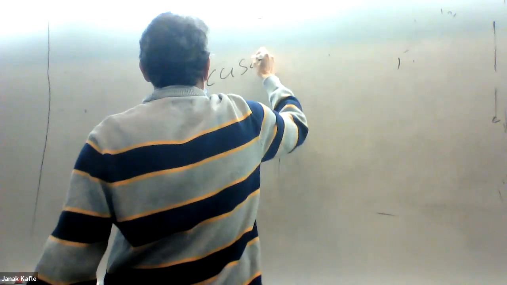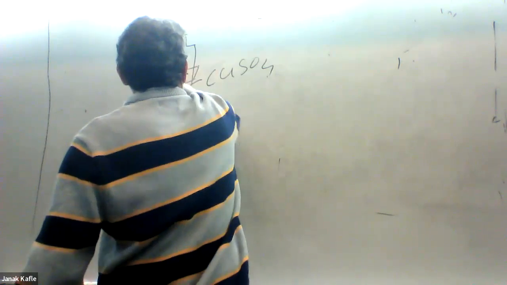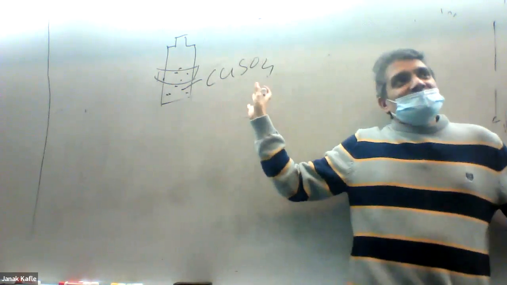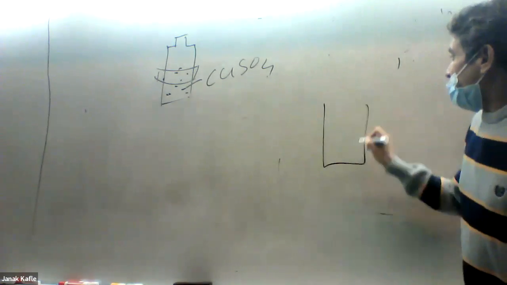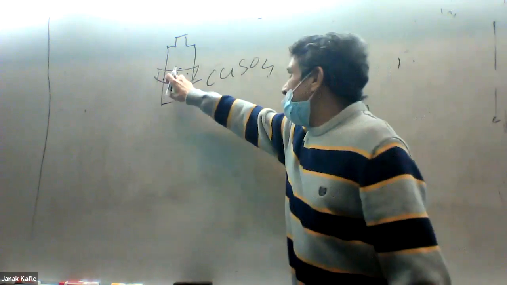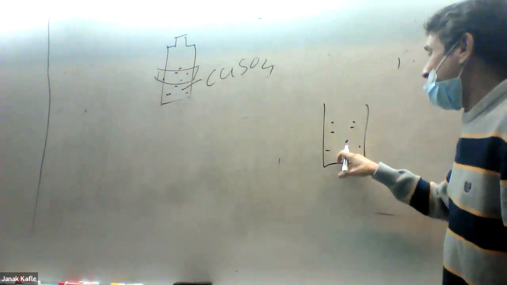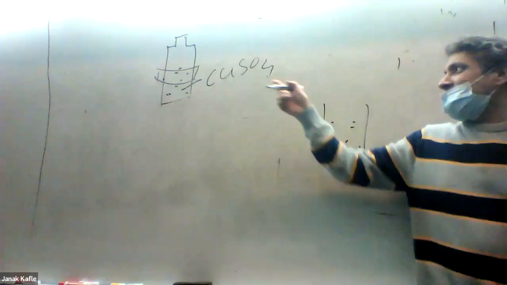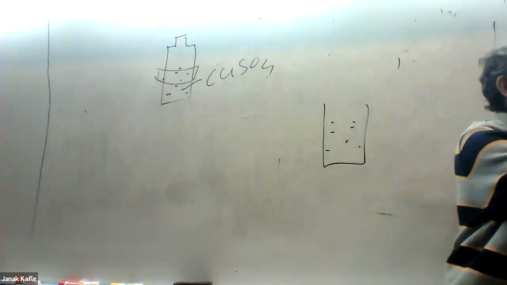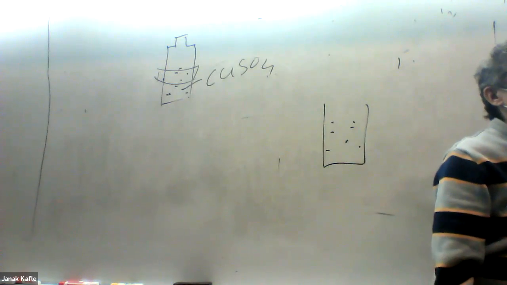Copper sulfate is written on the label. Now there is water, and you are predicting: I want to put a little bit of copper sulfate from there into this water. Does that dissolve or not dissolve? Without doing an experiment, we try to know.